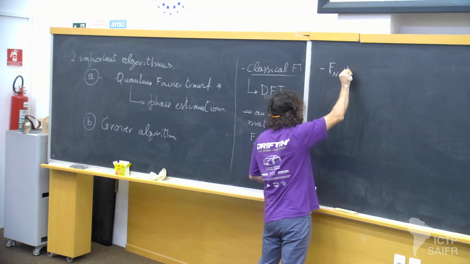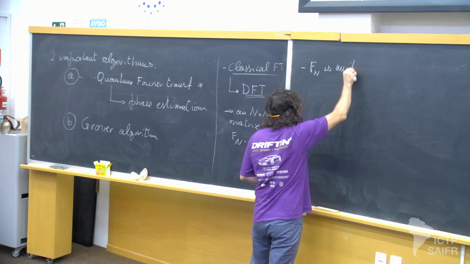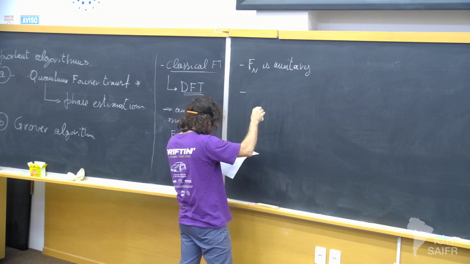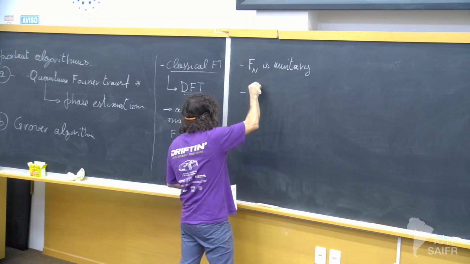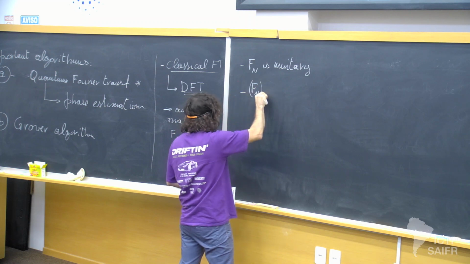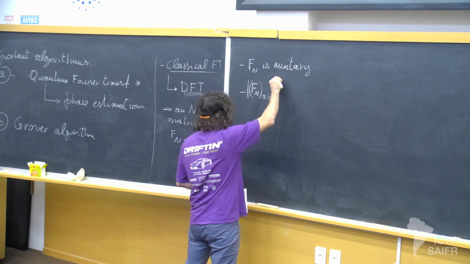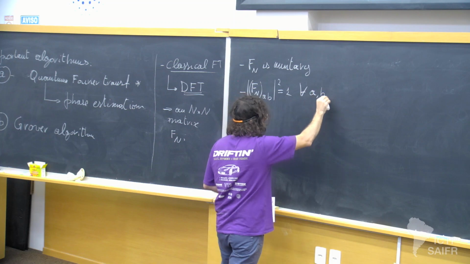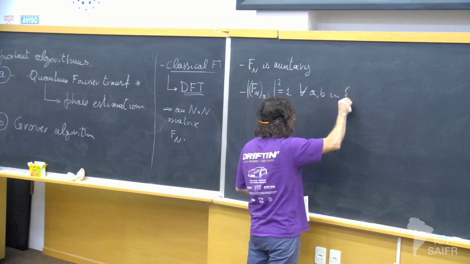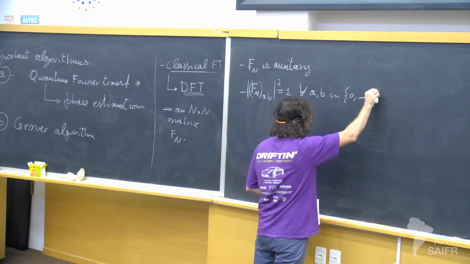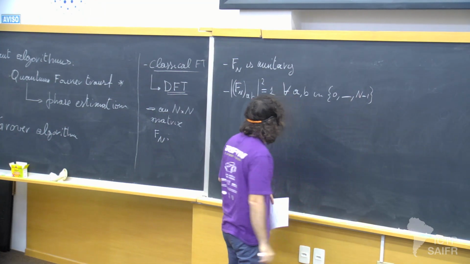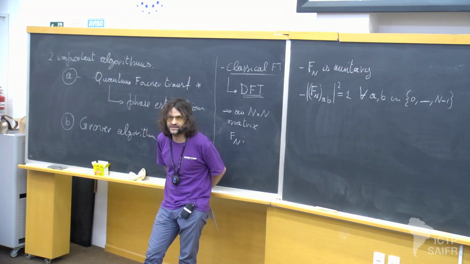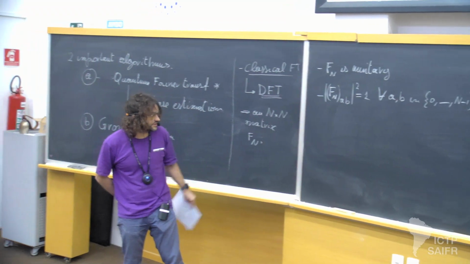Fn is unitary, and the modulus squared of the component AB of Fn is equal to 1 for each A, B in 0 to n minus 1. So this is essentially what a Fourier transform is in the discrete world.